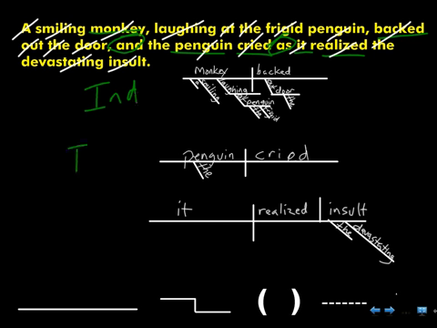Independent. Independent. Dependent. What is most important about this arrangement? Because the bottom clause, it, modifies the word cried, therefore it must fall directly below that.